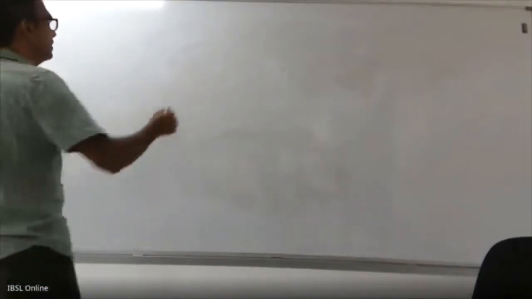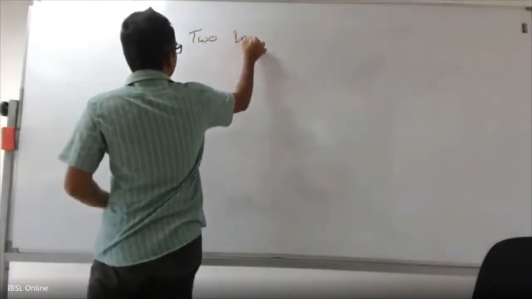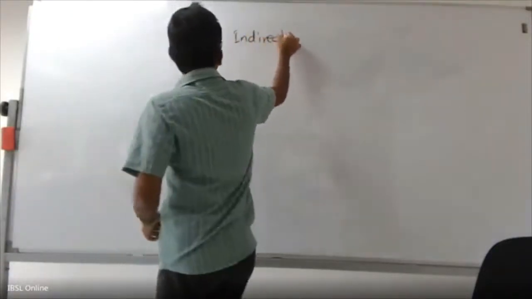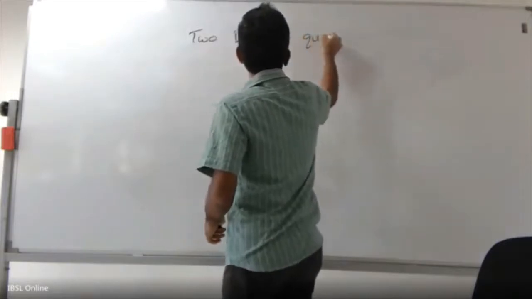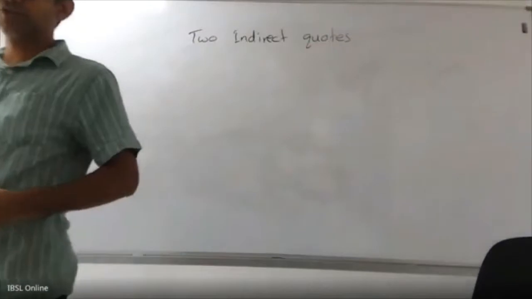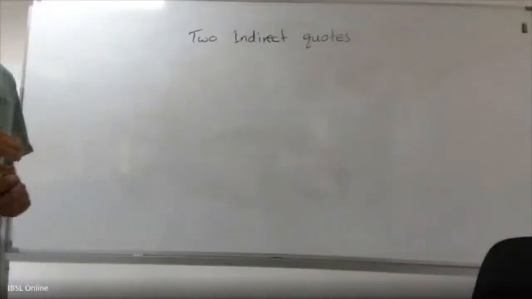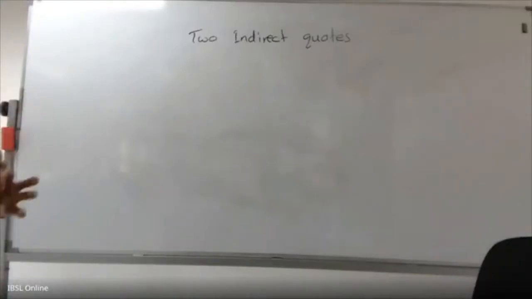So the first one is when we have 2 indirect quotes. What does it mean by 2 indirect quotes? They are the counter currency. Yes, 2 currency pairs, with dollar in the counter currency.